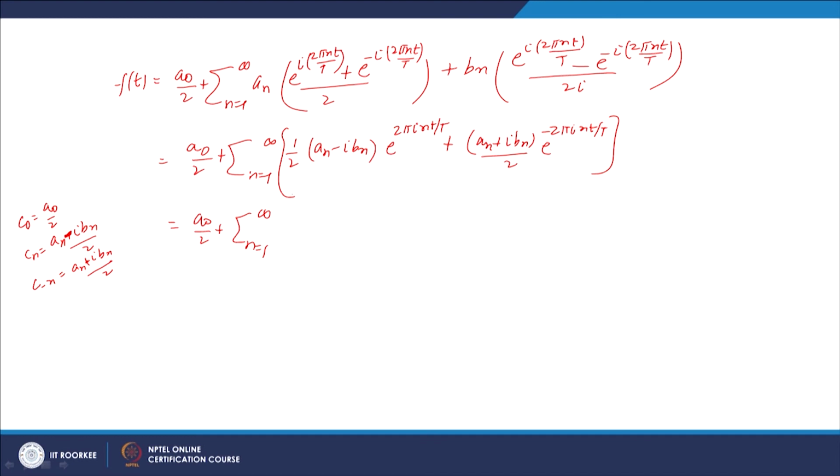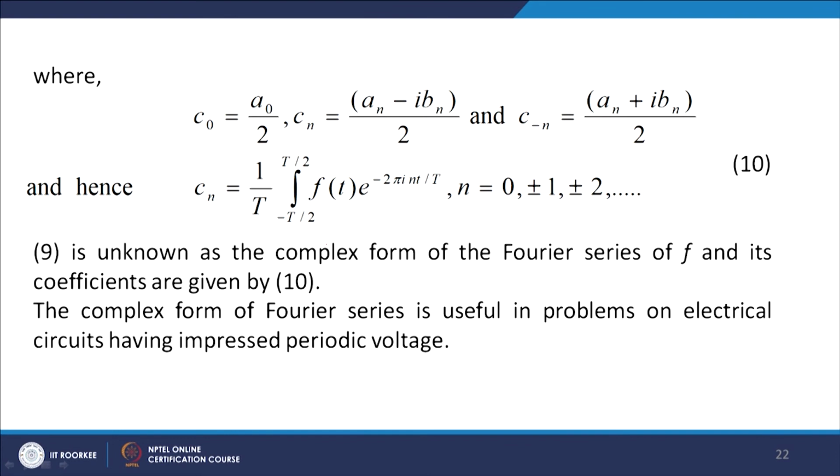Then we will get C n e to the power 2πi n t by T, and this will be C minus n e raised to the power minus 2πi n t by T, and we will be able to write it as sigma n equal to minus infinity to infinity C n e raised to the power 2πi n t by T with this choice, where the C n's are given by this expression. Okay, and n takes values 0, plus minus 1, plus minus 2 and so on.